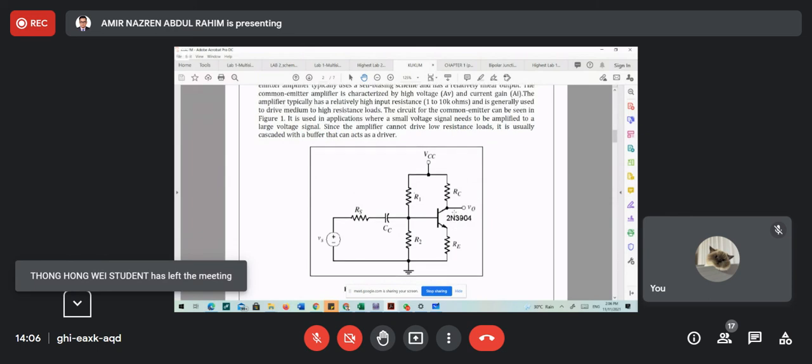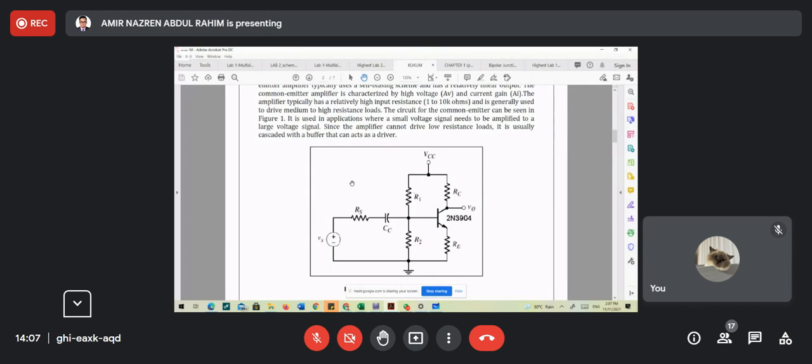To determine how much voltage scale-up we can produce, we need to find the gain: take the output voltage divided by the voltage source. Then we obtain the gain the transistor can produce, and also the current gain: current output divided by current input.